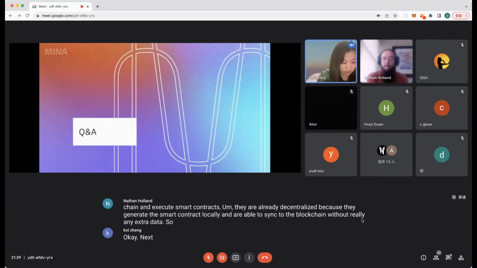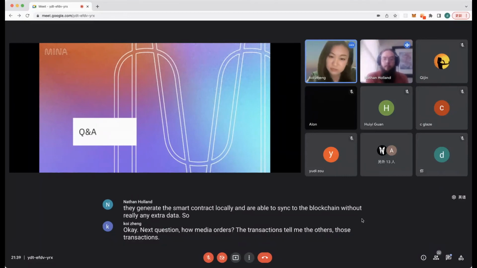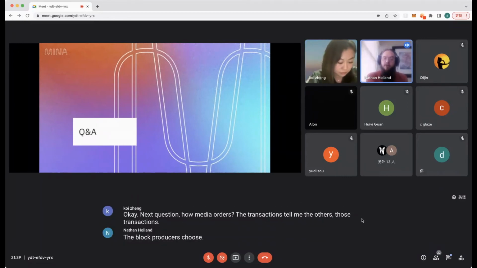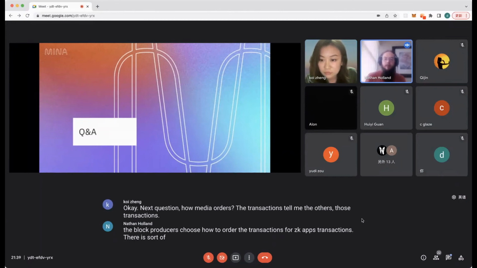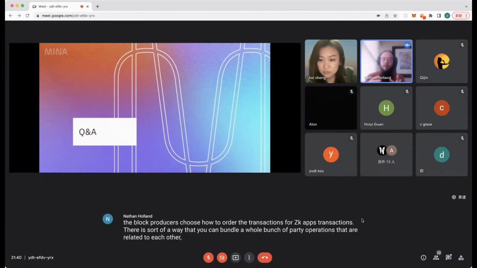Next question: how does Mina order the transactions? The block producers choose how to order the transactions. For ZK apps transactions, there is a way that you can bundle a whole bunch of party operations that are related to each other in a single transaction.